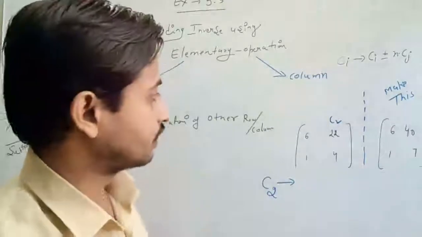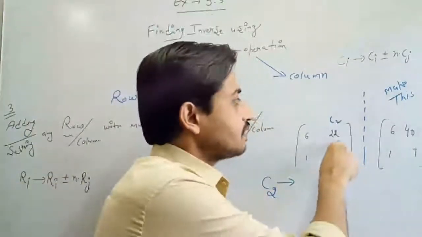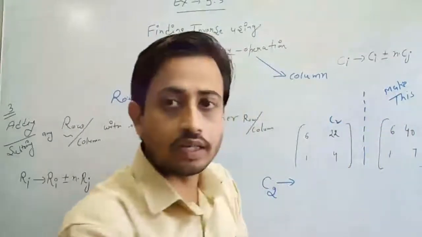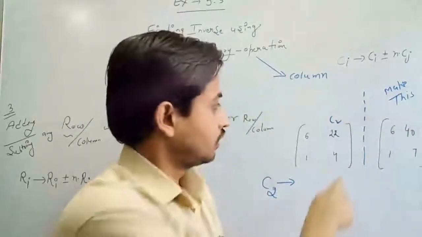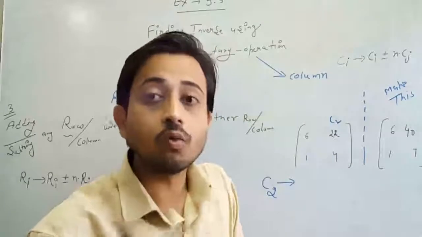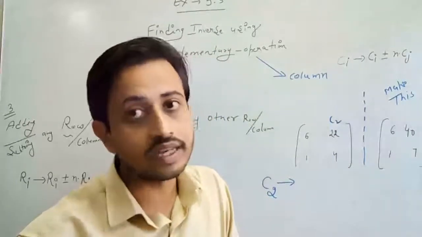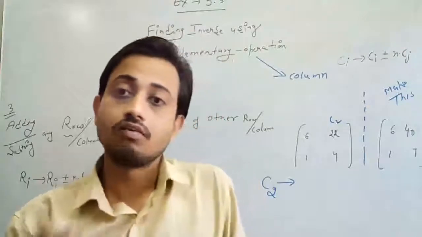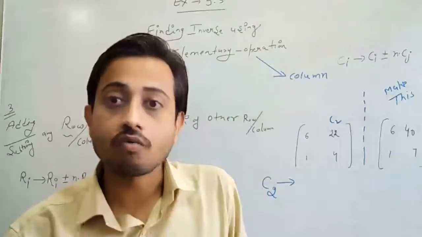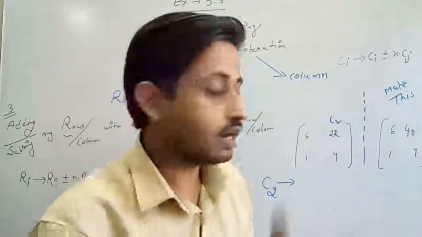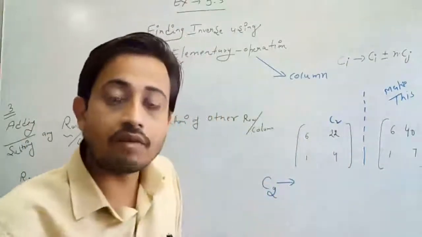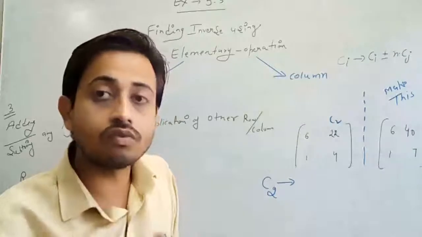And how will we get the desired second column? Please take a look. Here we have the element 22, but we require 40. How will we get 40? If we add 22 plus 18, we get 40. It means the main purpose is to find 18. How will we get 18? Firstly, I am repeating again: we have the number 22 and we require 40.